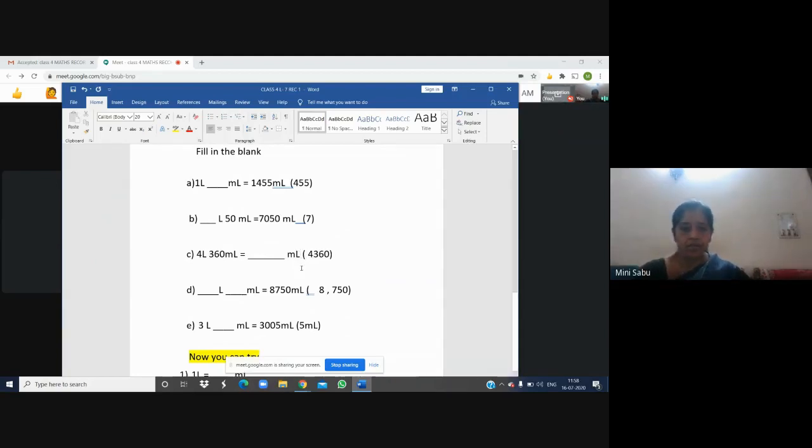Usually children, we write liter short form in capital L and milliliter short form small m capital L.